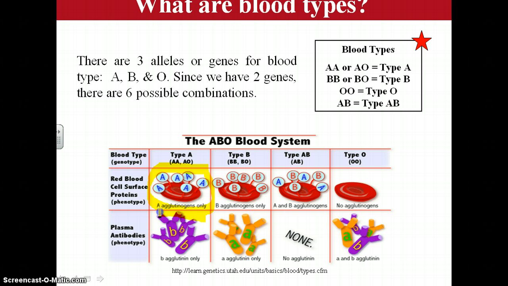You'll also have antibodies against type B blood. So if you were to receive type B blood, your body would reject it. The one type of blood that does not have antibodies is type AB. They do not have any antibodies because they have both A and B proteins on the surface of their red blood cells, so they will not reject any blood type.